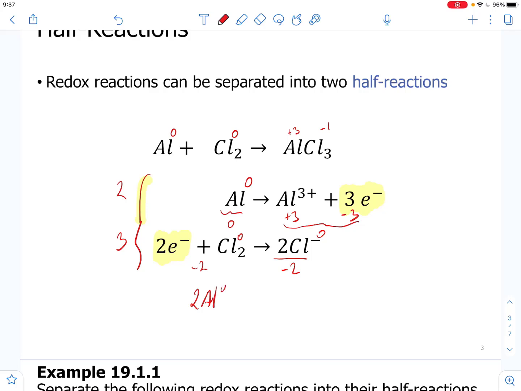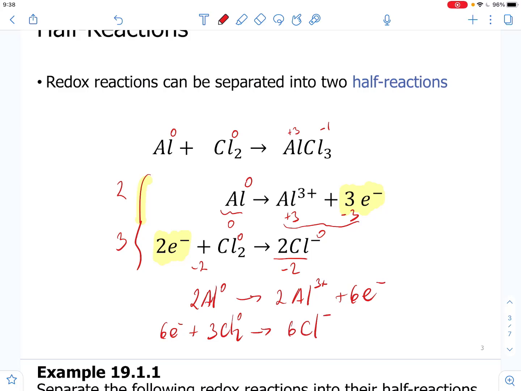2 Al going to 2 Al3+ plus 6 electrons, and then you have 6 electrons plus 3 Cl2 going to 6 Cl-.